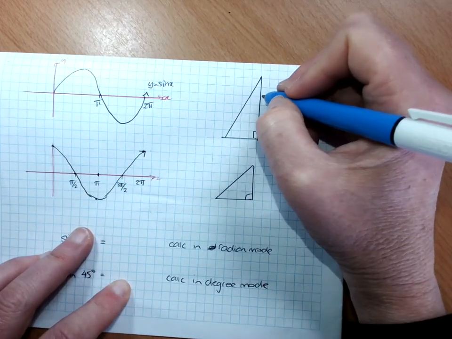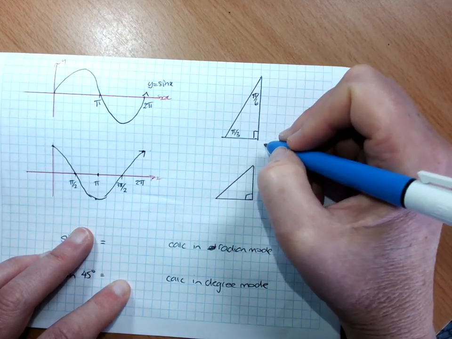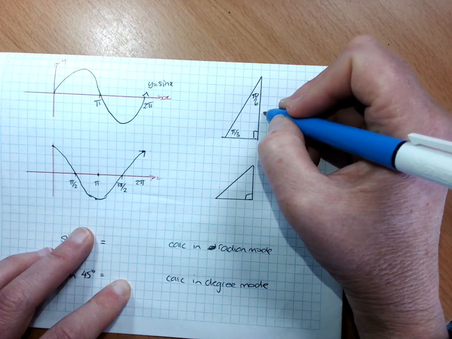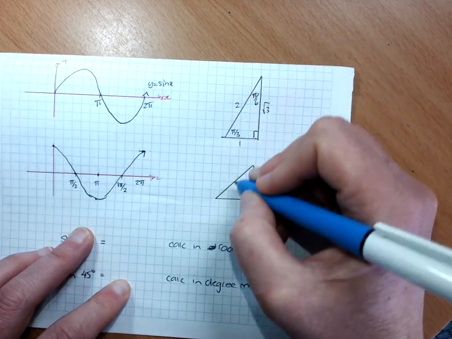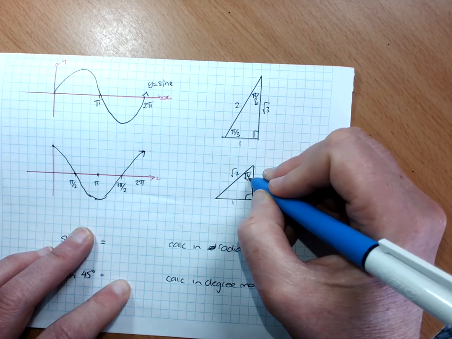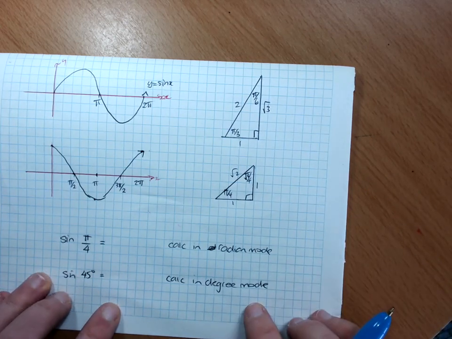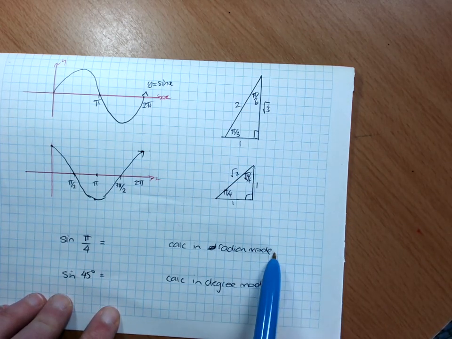In this triangle, instead of 30 degrees, we can have pi on 6, pi on 3 instead of 60 degrees, same numbers here, 1, 1, square root 2, pi on 4, and so on.